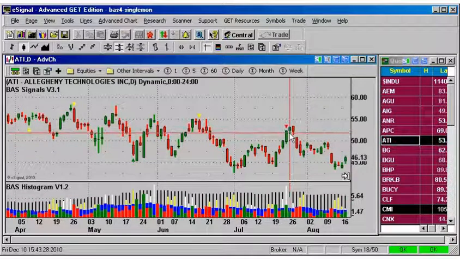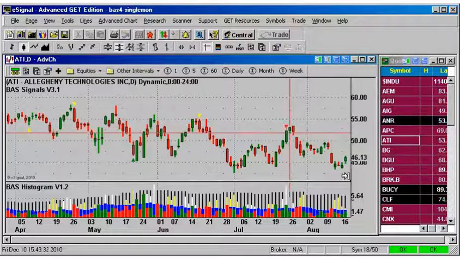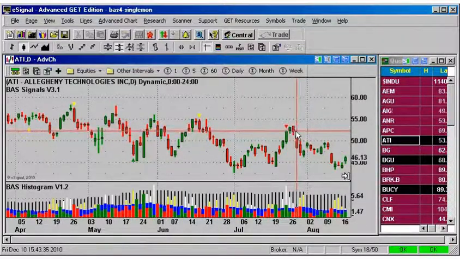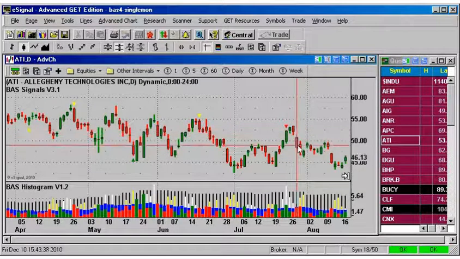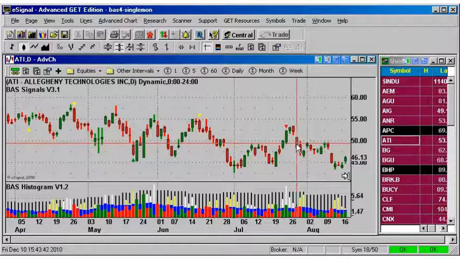I would probably have stayed in this trade even though it went against me here, because I'm pretty sure the price is going to go down. And sure enough, on the next couple of bars, it does. So if you stayed in, you would have made money.